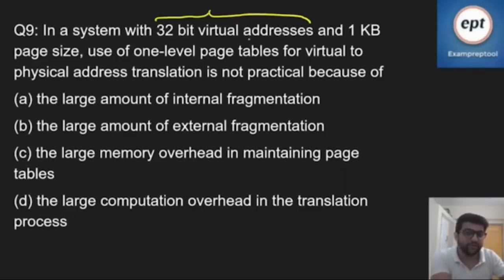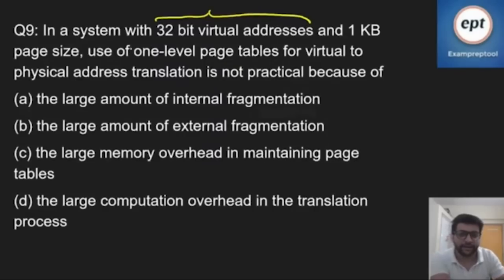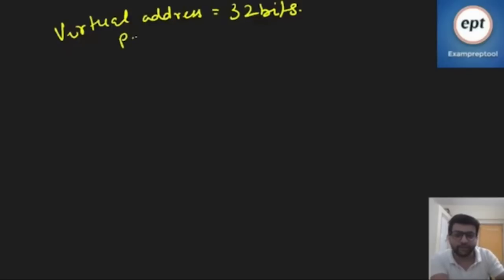Always write this information, otherwise you have to read these questions again and again, right? It will take a lot of your time. So the virtual address size is 32 bits, right? And the page size is given to be 1 KB.